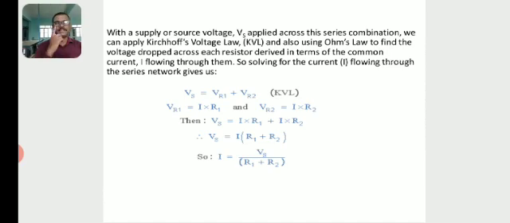Then VR1 is equal to I into R1 and VR2 is equal to I into R2. Then Vs is equal to I into R1 plus I into R2. Then Vs is equal to I into R1 plus R2, where I is taken as the common factor. So I is equal to Vs by R1 plus R2, the current flowing through the combination.